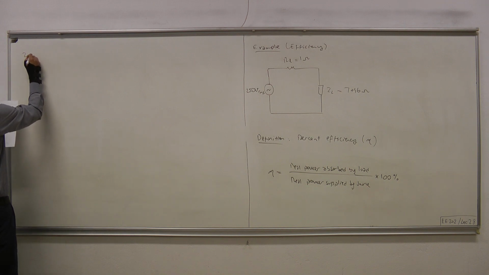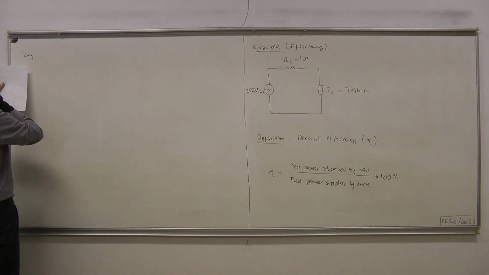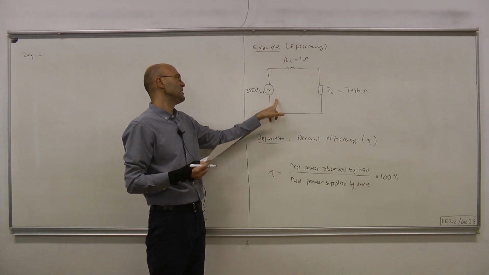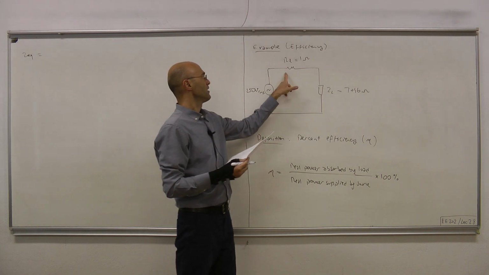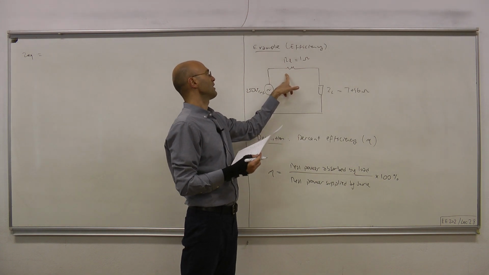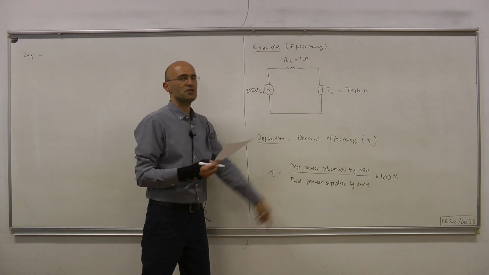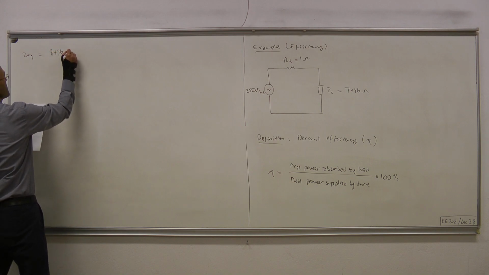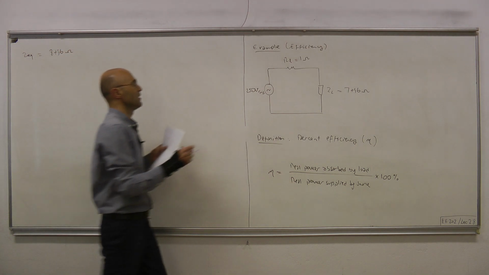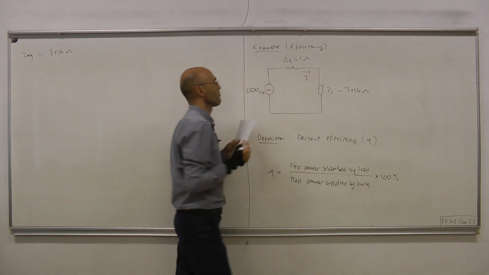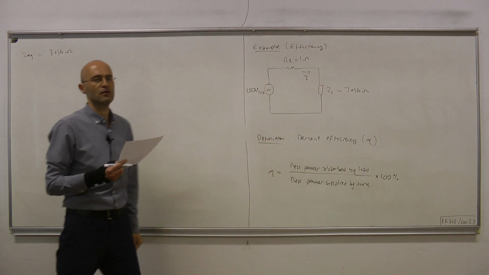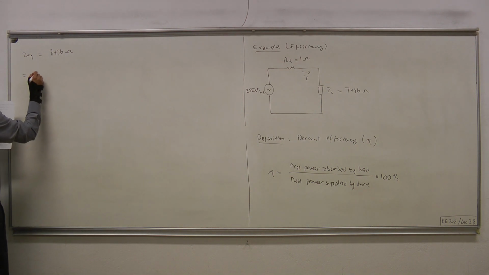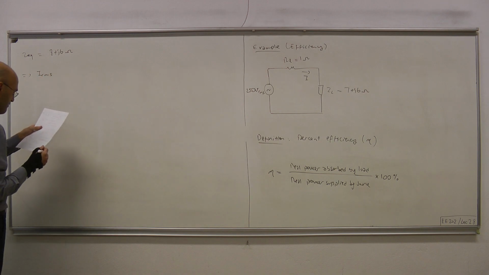So Z equivalent equals, so this is the equivalent impedance seen by the source. It's simply the transmission line resistance plus the impedance of the load. So that makes 8 plus j6 ohms. Let's call the current passing through the transmission lines and then entering the load I. Now we can easily compute the effective value of the current.